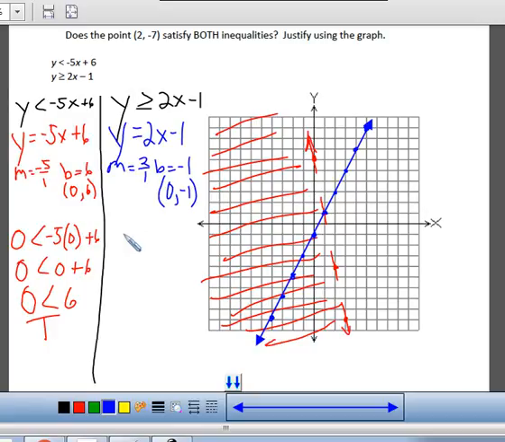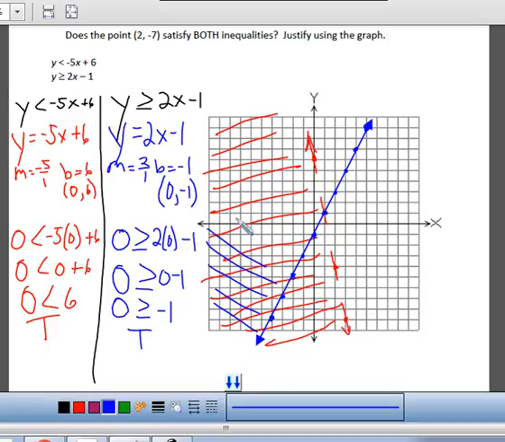If I plug in 0 for y and 0 for x, 2 times 0 is 0, 0 is greater than or equal to 0 minus 1, which is negative 1. Is that true? Is 0 greater than or equal to negative 1? It is true, so I'm going to shade in everything on this side of my line.